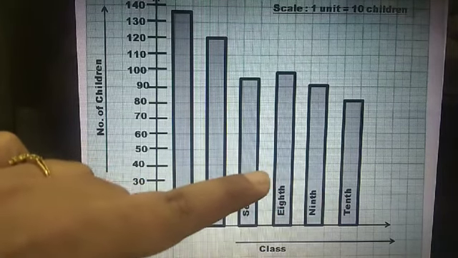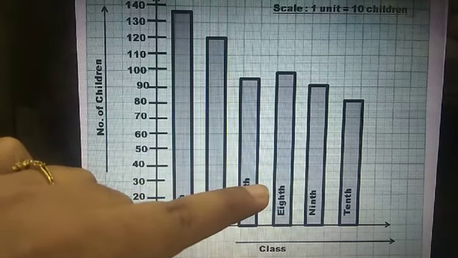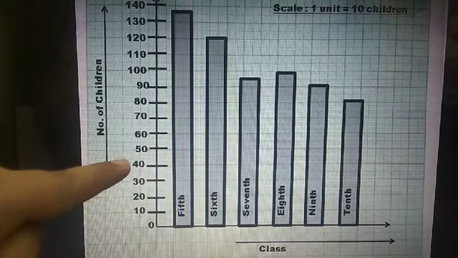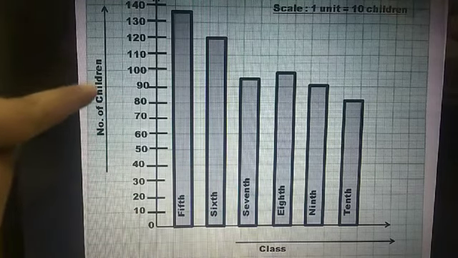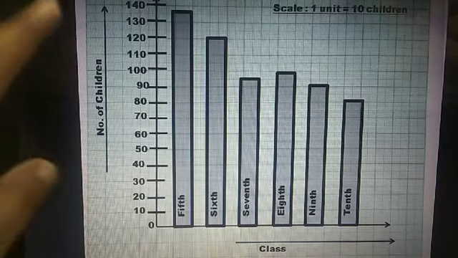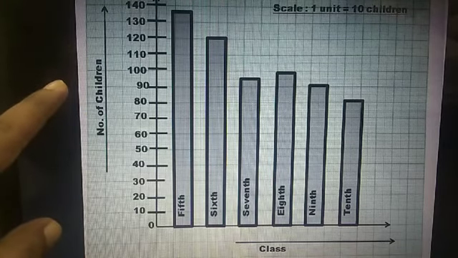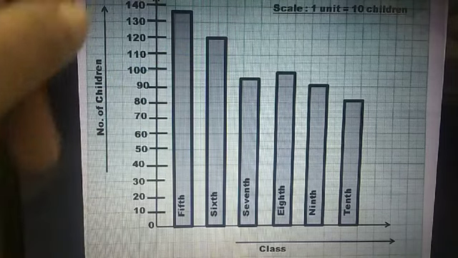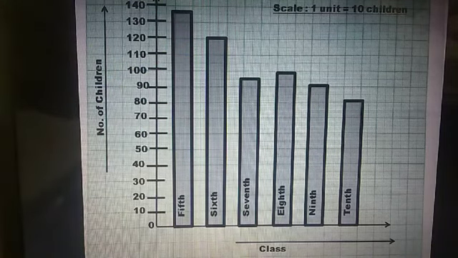The width is also the same for each bar. And the gap between the markings is also the same. This is a must. Scale should be there. Once the bars are over, the bar graph is over.